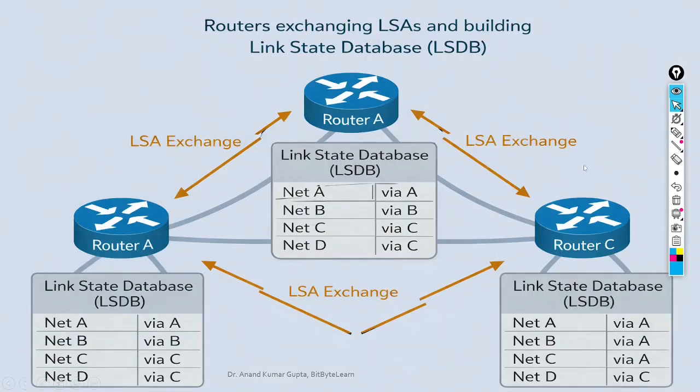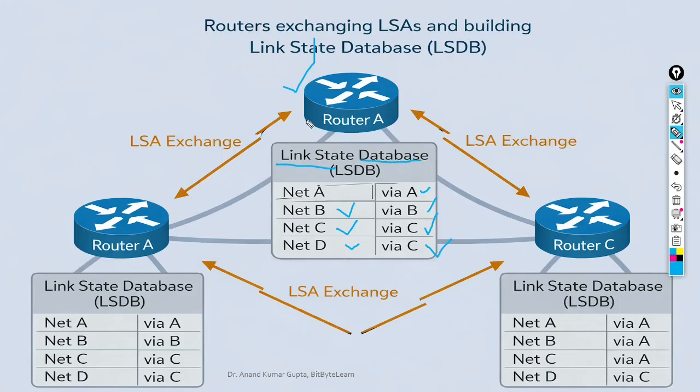As you can see in this diagram, router A has a routing table: network A is reachable through router A, network B is reachable through router B, network C is reachable through router C, and network D is also reachable through router C. This information, stored in router A's database, is considered the link state database.